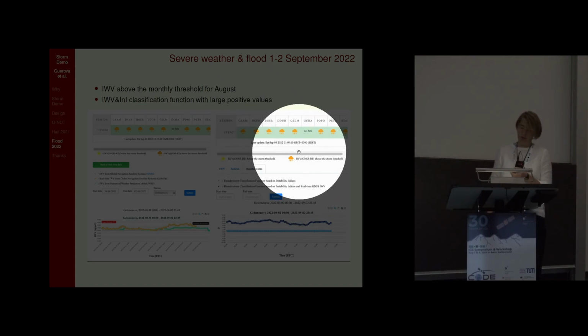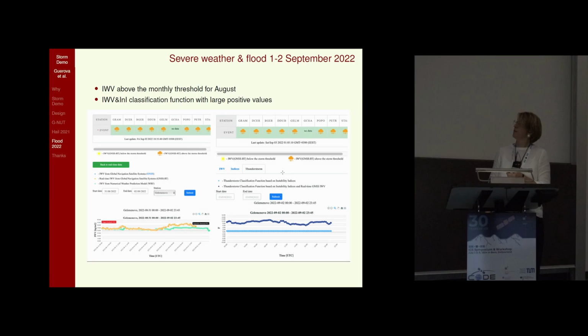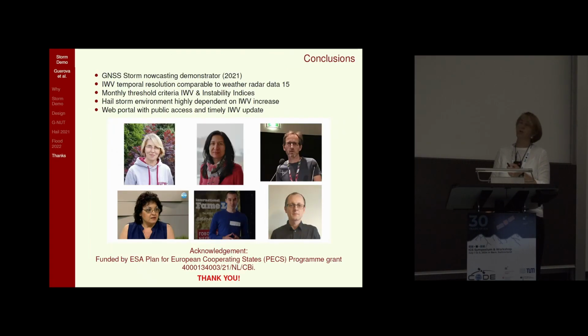One minor thing which I want to point out, that at a certain point with the storm passing by, one of the GNSS stations actually stopped working. So severe weather affected also GNSS infrastructure on the ground, and we could really see this in real time again.